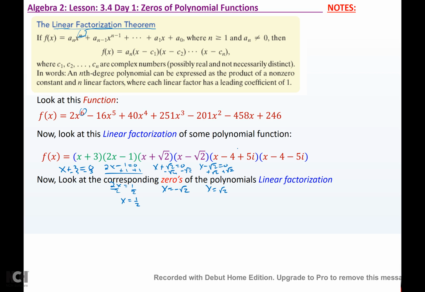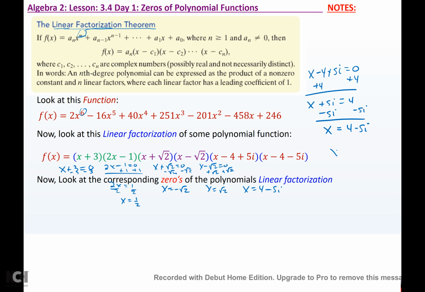These ones are kind of funny because you have to get everything. If I said x minus 4 plus 5i equals 0, I would add 4. That would give me x plus 5i equals 4. Then I would minus 5i. And I get x equals 4 minus 5i.